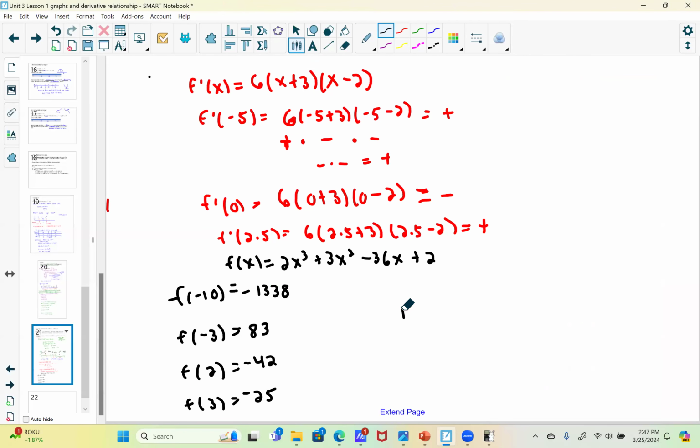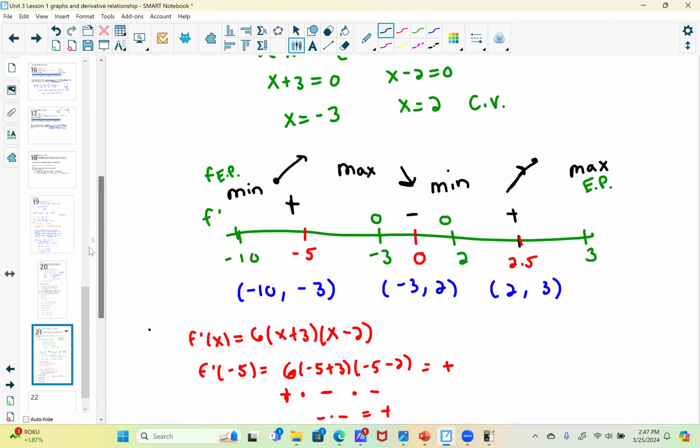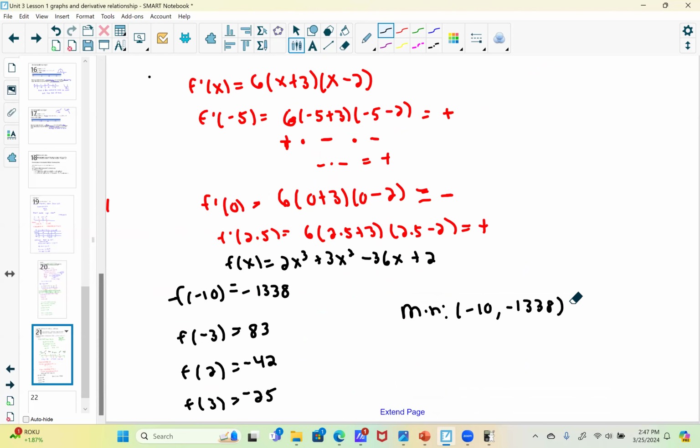So I have a min at -10, -1338. And my other min was at 2, so at 2, negative 42. Okay, and then I have a max at -3, 83 and 3, negative 25. Okay, so those are my max or mins.